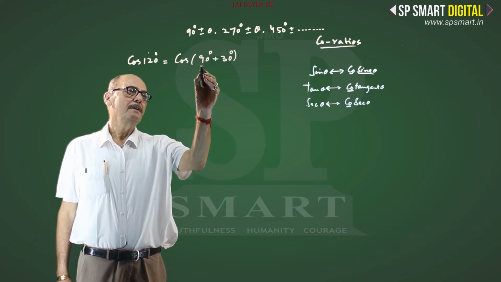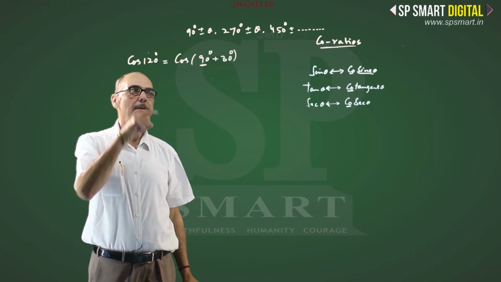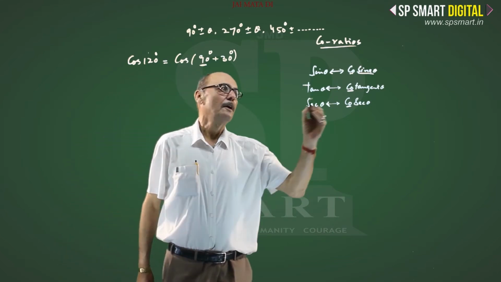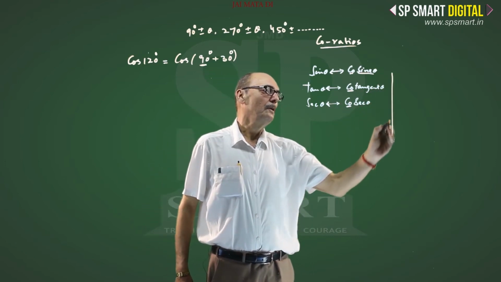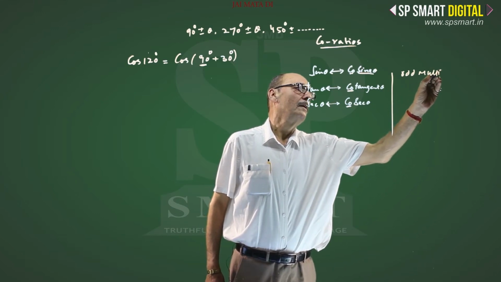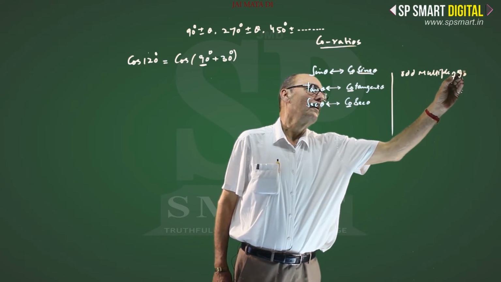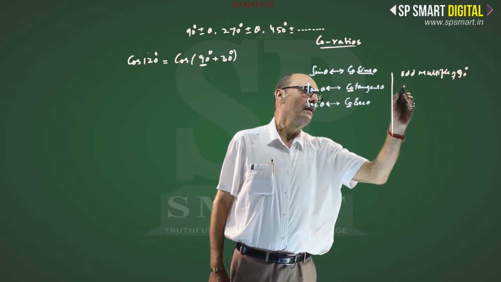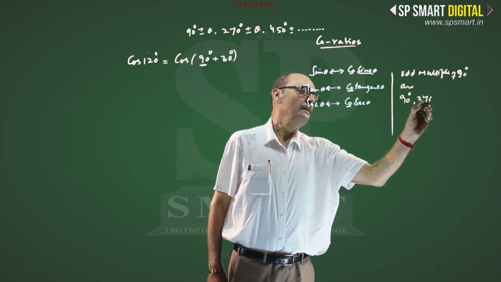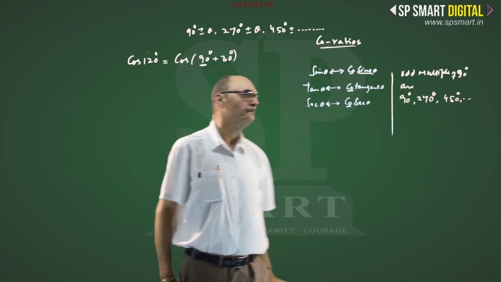Now, here we observe 90 degrees is an odd multiple of 90 degrees. Odd multiples of 90 degrees, I have already explained, are 90 degrees itself, 270 degrees, 450 degrees and so on.